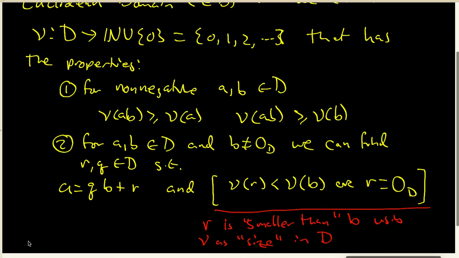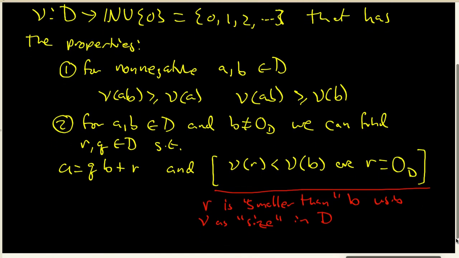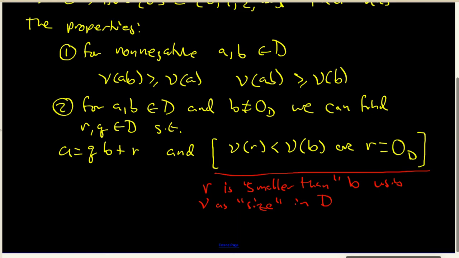Now, to finally end this video, I want to go back to our previous rings and look at the nu for those particular things. But I guess before I do that, I should say one more thing. We have one more silly little definition.